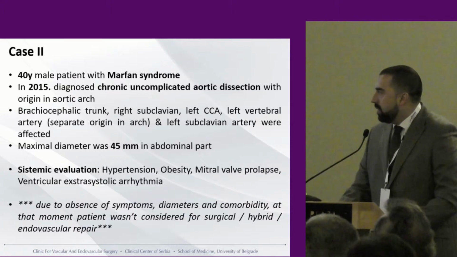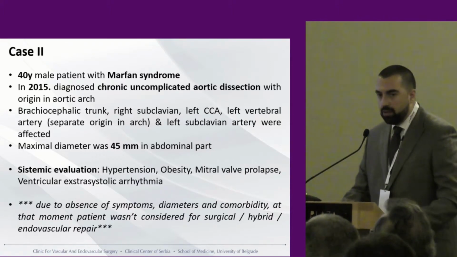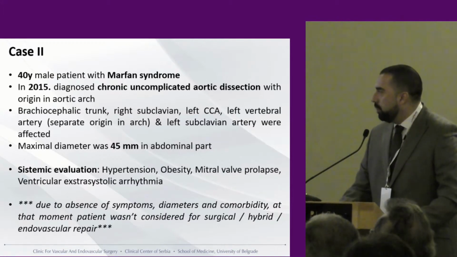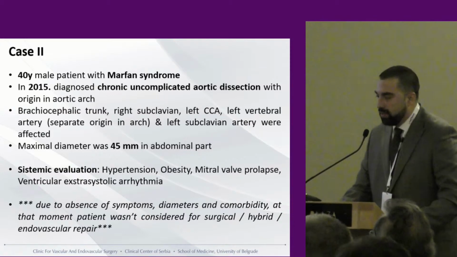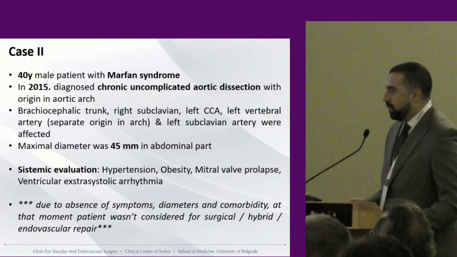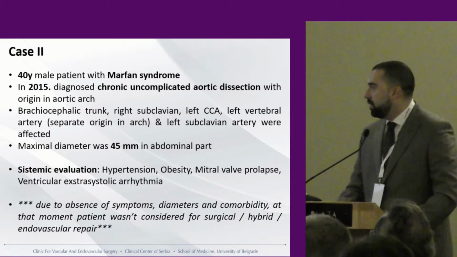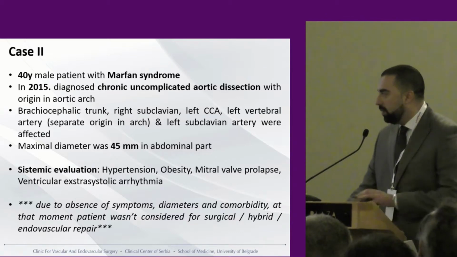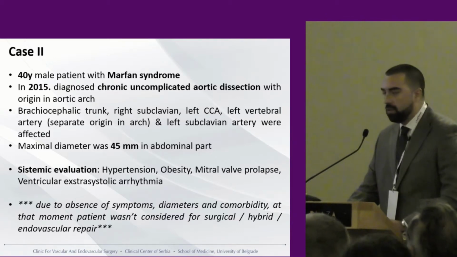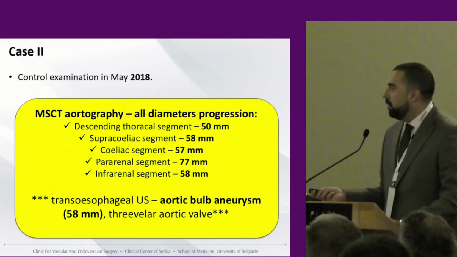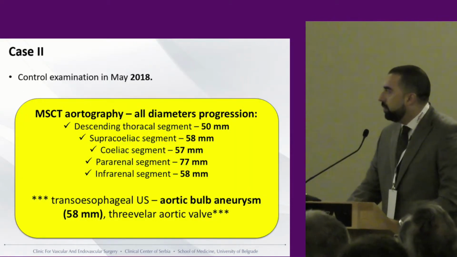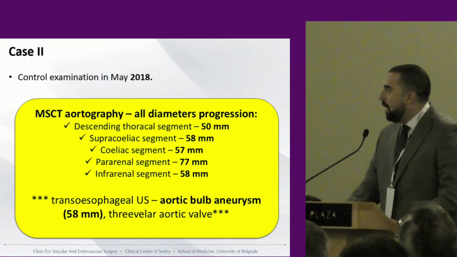At that time, systemic evaluation showed hypertension, obesity. This is a very, very obese young patient, and mitral valve prolapse with ventricular extrasystolic arrhythmias. Due to absence of symptoms, diameters, and comorbidity, at that moment, the patient wasn't considered for surgical, hybrid, or open repair. 3 years later, we performed the control examination, and we saw progression of all diameters.